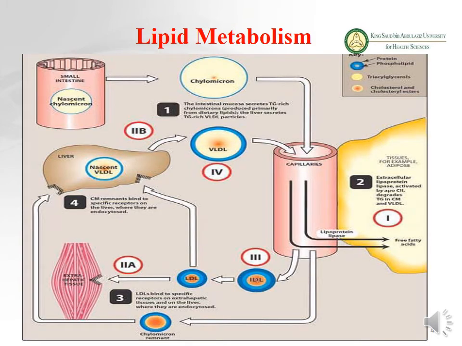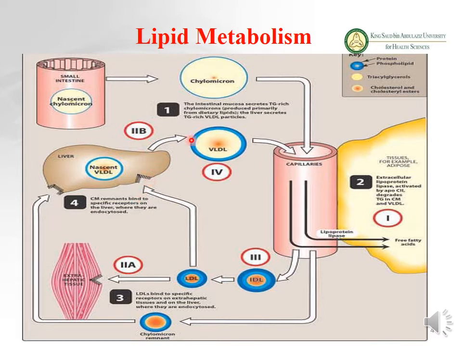This is almost the same diagram as the previous one, with a little bit more detail. The lipids are absorbed in the form of chylomicron from the intestine, which circulate in the blood and go to the liver through enterohepatic circulation.